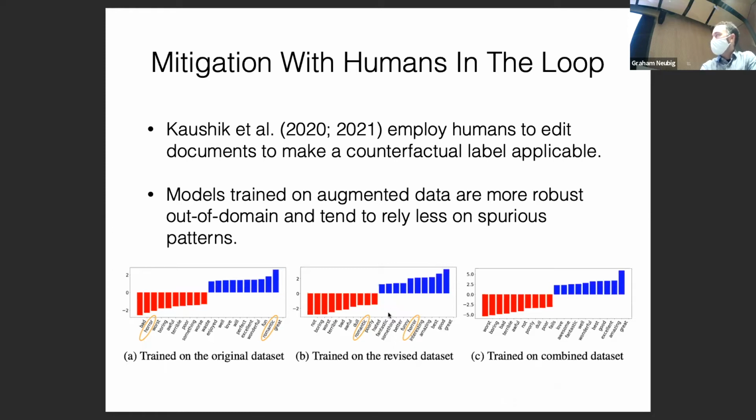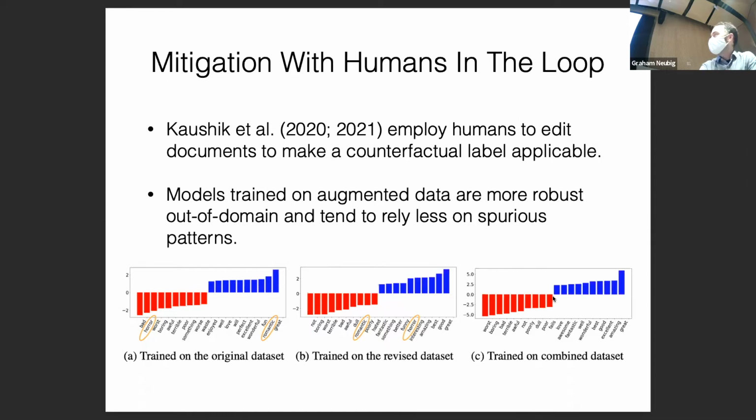So what they do here is they ask humans, okay, can you make the minimum change to the sentence to turn the sentiment label from positive to negative? If you do that, this will flip the labels without flipping, for example, the genre of the movie. So now horror is a positive attribute, romance is a negative attribute, and if you train on both of these data sets, you get these genre-related words falling out.